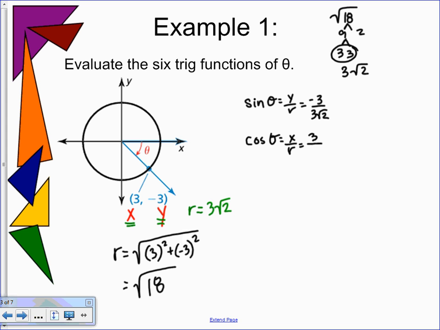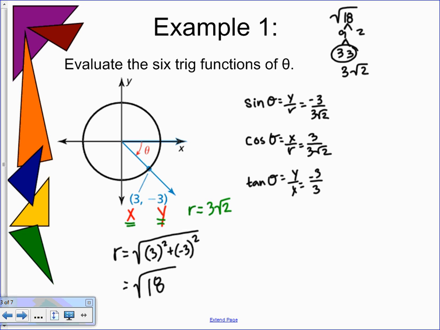That's 3 over 3 square root 2. Tangent of theta is y over x. That's negative 3 over 3. I'm not doing any simplifying just yet, but I'm just showing you, purely algebraically, if I know those things are true, y over r, x over r, y over x, I just plug them in.